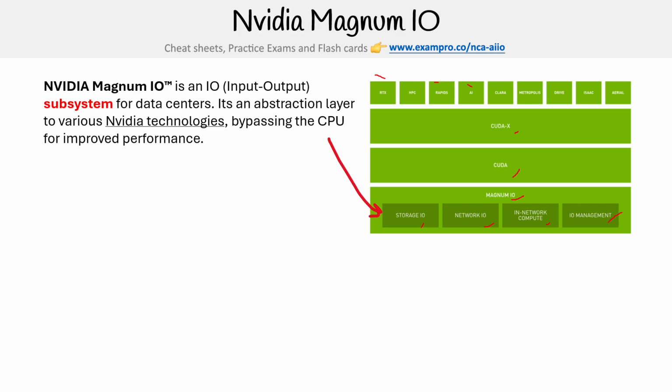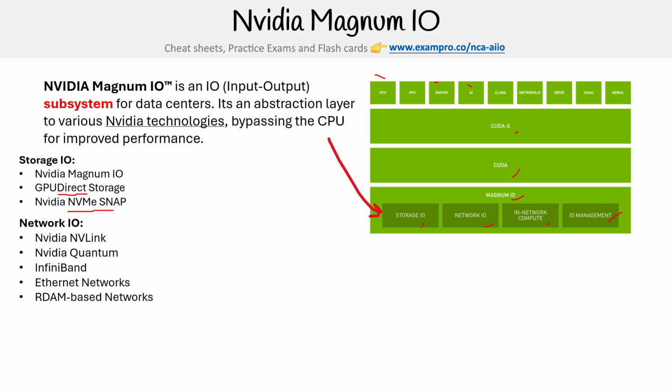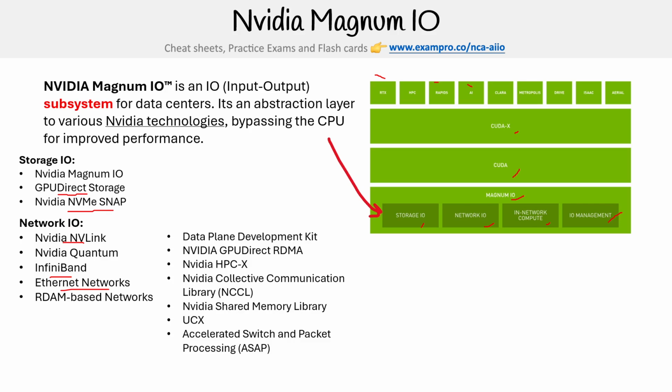So let's just take a look at some of the things they have. For storage I/O, this is where you're going to get GPUDirect Storage, where you can access that. You have your NVMe SNAP. For network I/O, NVIDIA NVLink, InfiniBand, Ethernet networks, GPUDirect RDMA, the NCCL.